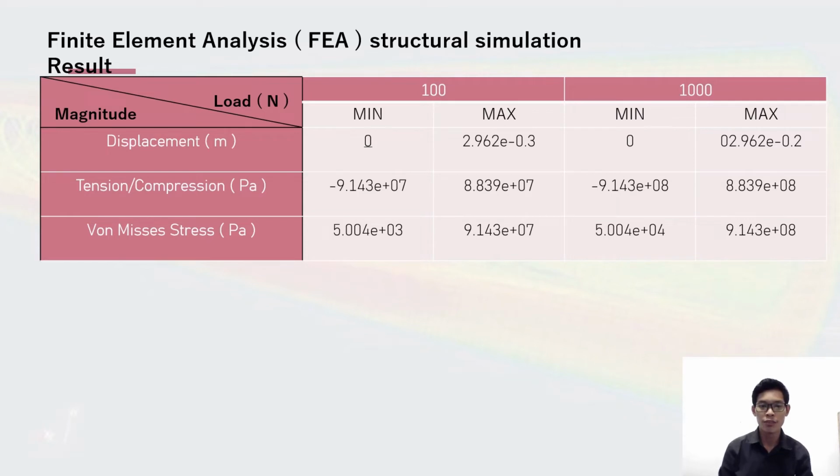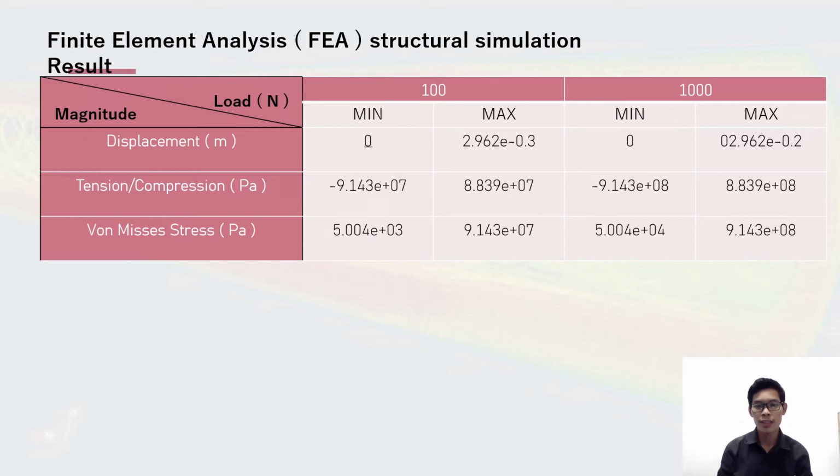Lastly is the von Mises stress for 100 Newton. The minimum value is 5.004 E plus 03, and the maximum is 9.143 E plus 07.